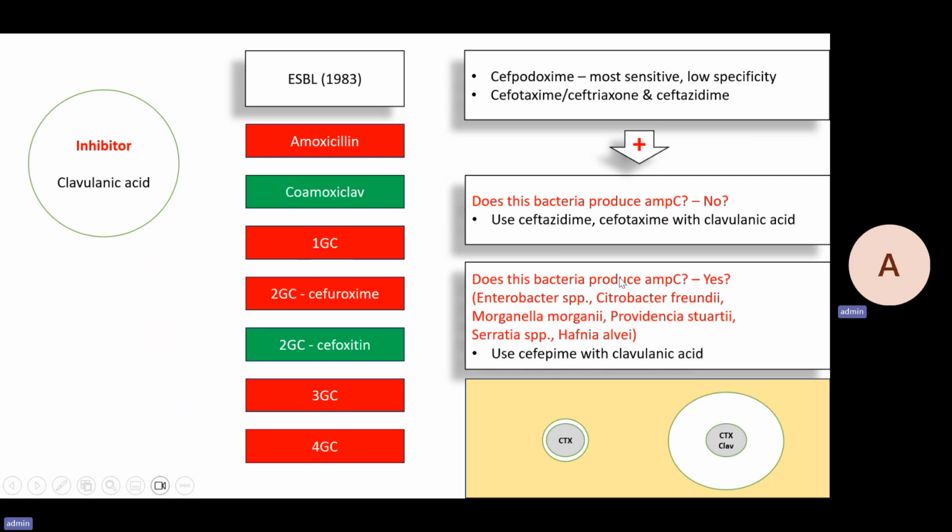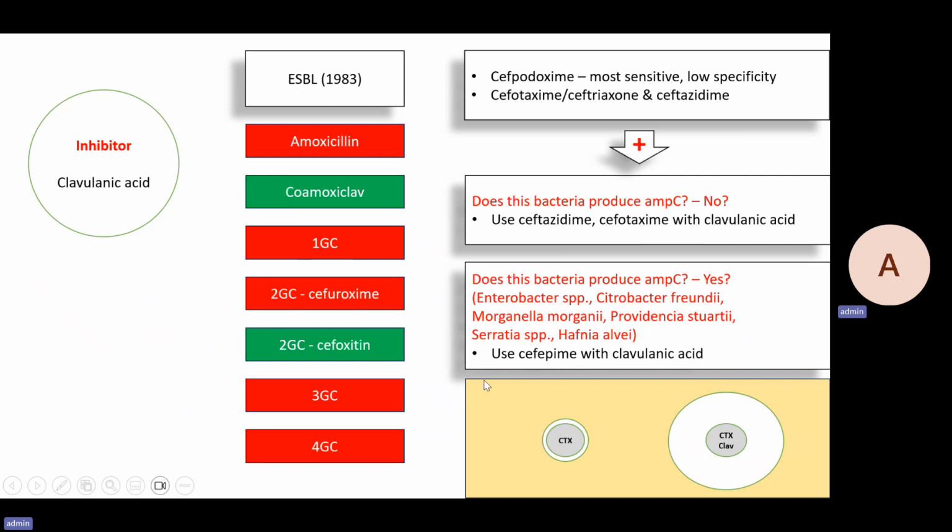On the other hand, if you are testing a bacteria which is normally not an AmpC producer, or not a prolific AmpC producer, shall I say, like E. coli or Klebsiella pneumoniae, in those cases you can use one of the third generation cephalosporins with clavulanic acid to see whether there is any synergy. So it's important to remember.